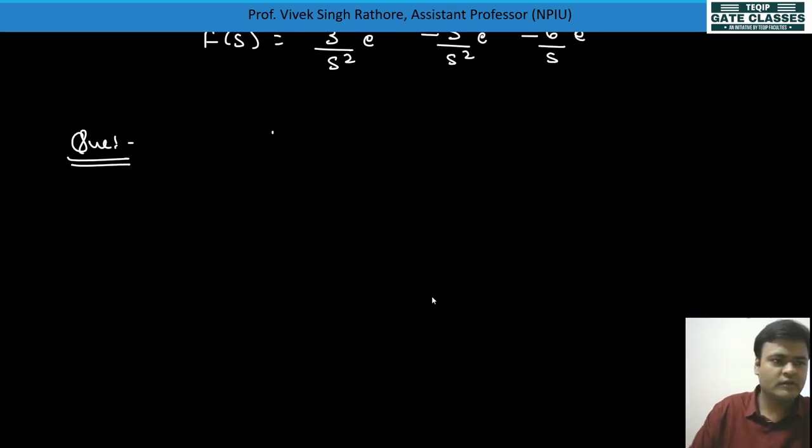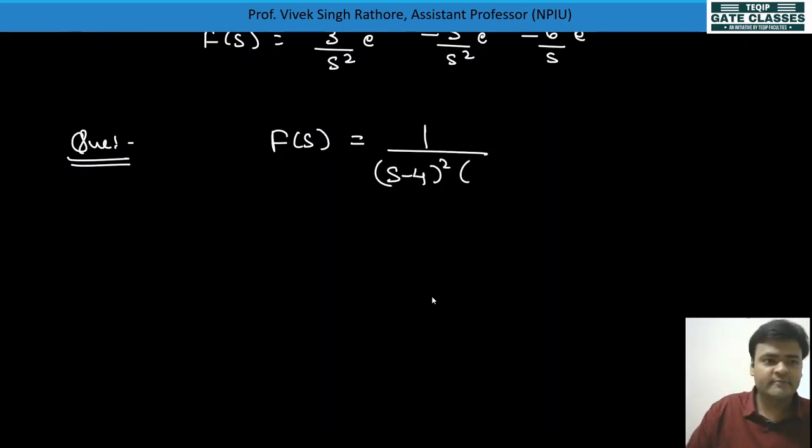So you have been given a question: F of s is 1 by (s minus 4) square, (s plus 2), and (s minus 1).